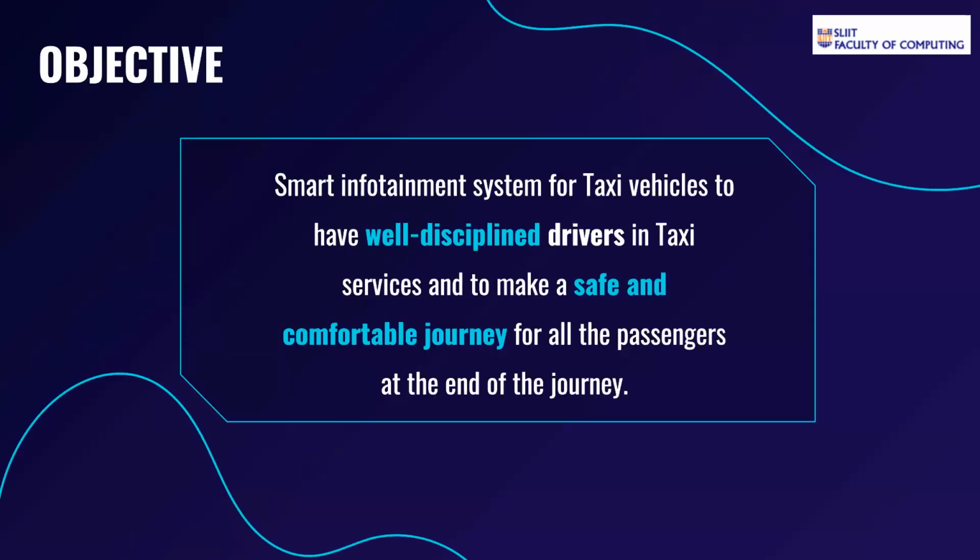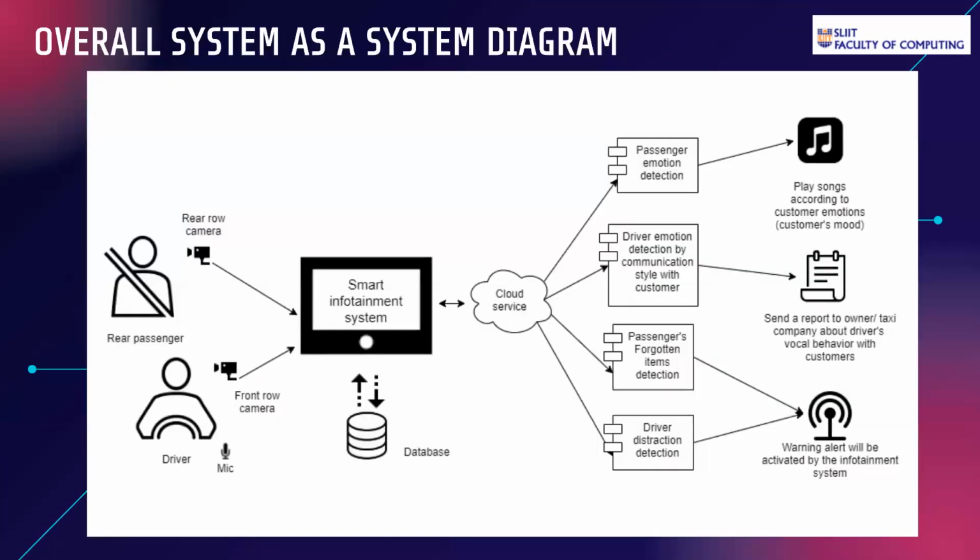So the main objective of this research project is to come up with a smart infotainment system for taxi vehicles, to have well-disciplined drivers in taxi services, and to make a safe and comfortable journey for all the passengers at the end of the day. So this is the overall system diagram. You can see the smart infotainment system here, and there are 2 cameras mounted to it, focusing on the rear passengers and the driver.